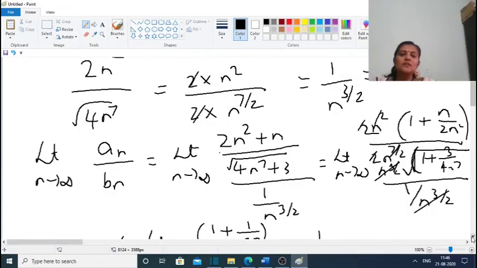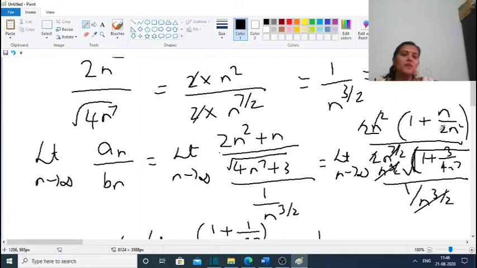Now consider the ratio limit n tends to infinity an by bn, which is equal to limit n tends to infinity. An is 2n square plus n by square root of 4n raised to 7 plus 3 divided by 1 by n raised to 3 by 2, which is equal to limit n tends to infinity. We can take the highest degree term 2n square from numerator.